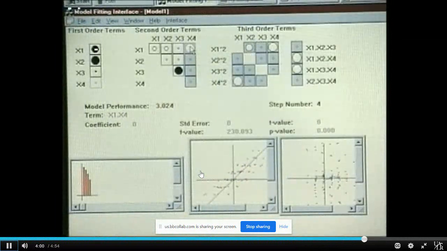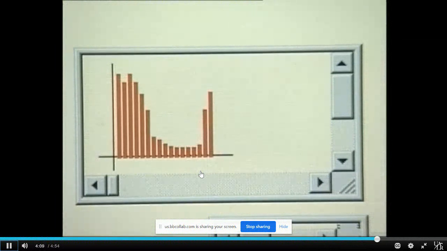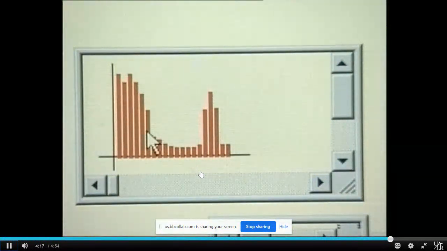Finding a satisfactory model is an iterative process. This histogram shows the goodness of fit of successive iterations. As the fit improves, the height decreases. Clicking on a bar can return the user to the corresponding earlier model.